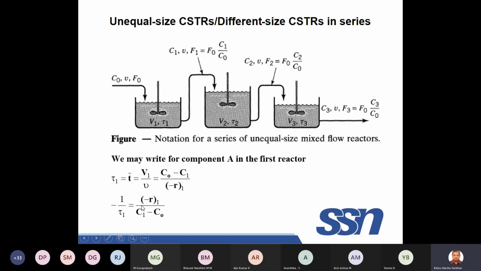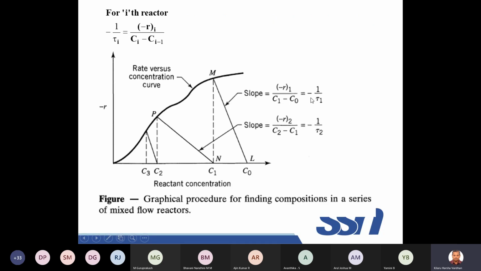So we draw from C naught with a slope of minus 1 by tau 1 and then project it or extend it to cut this rate curve. Once that is done, again project down. That particular point will give you C1.